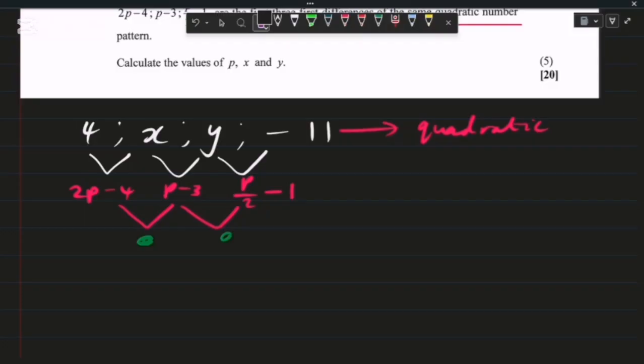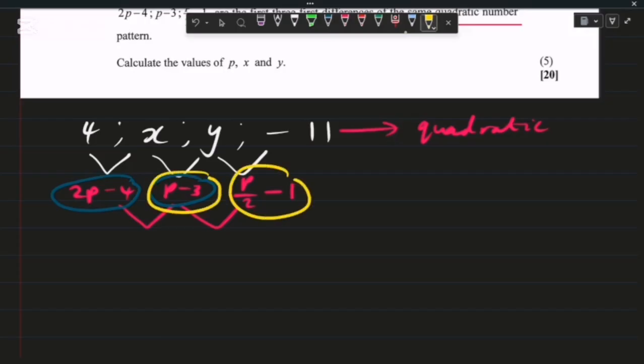So I can say that this term minus that term should be the same as this term minus that term, because we are dealing with a quadratic pattern. Hopefully that's clear.